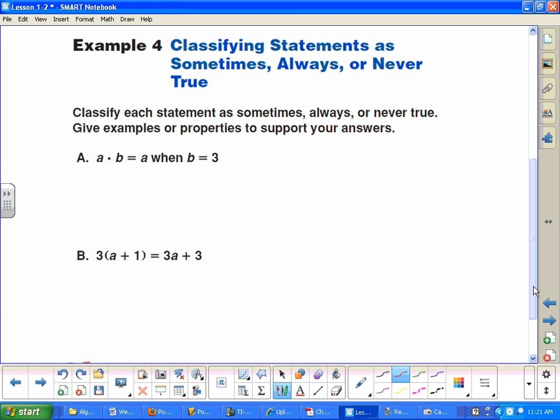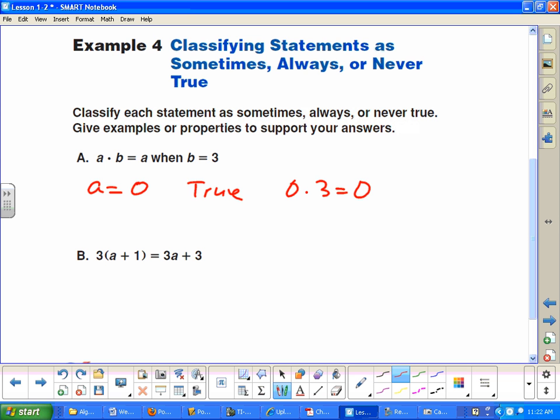So if I multiply a number times B, will I ever get that same number? Who said yes? What number? We're talking about the number A. Okay, so if A is equal to 0, then it's true. So 0 times 3 equals 0. Okay, that's true.